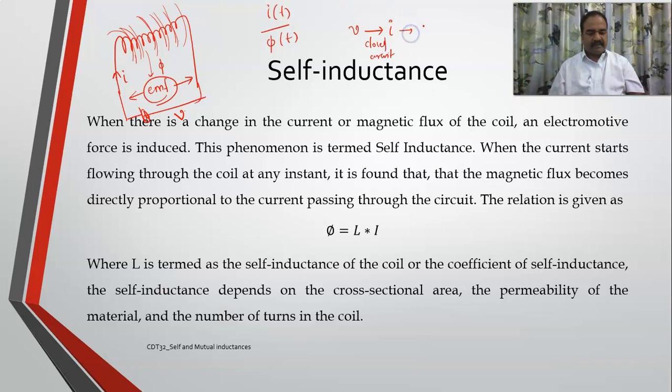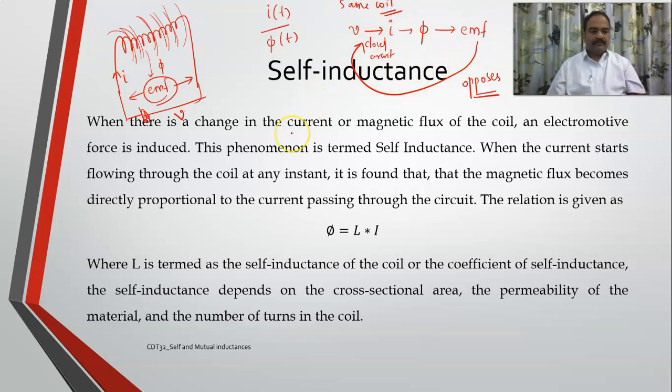This I is developing flux. Flux is developing EMF. This EMF opposes the very cause of it due to Lenz's law. This is the concept, and this is called inductance or self-inductance. It is all happening in the same coil.